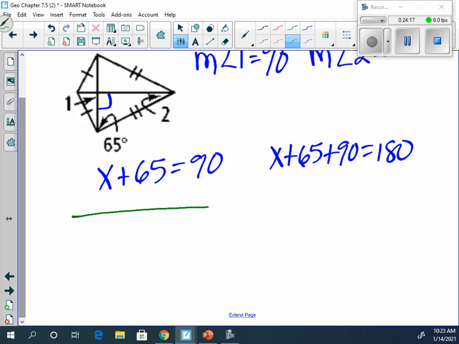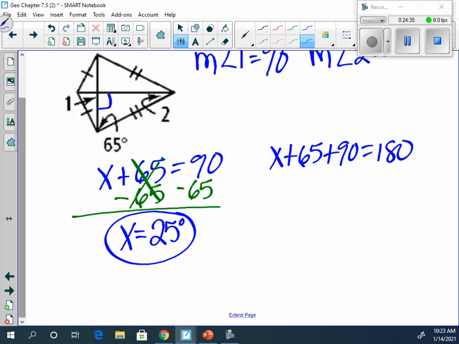Now, if we look at the one on the left, to get x by itself, I would subtract 65 degrees from both sides. 65 minus 65 would cancel, telling me that x is equal to 25 degrees. If we did it the other way, 95 plus 65 is going to be 155.